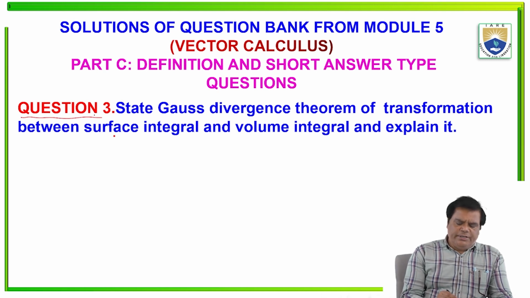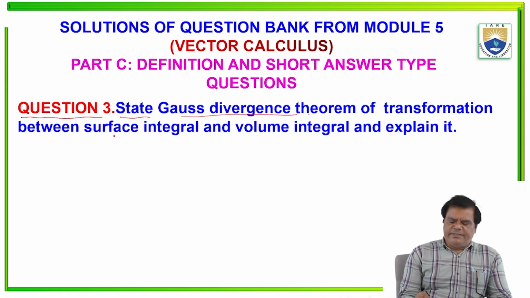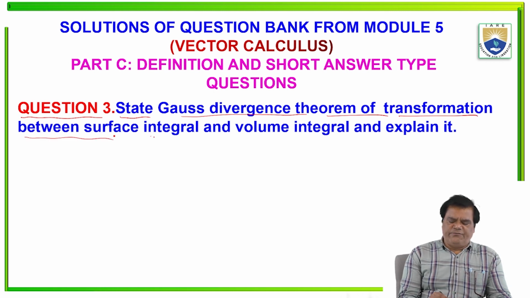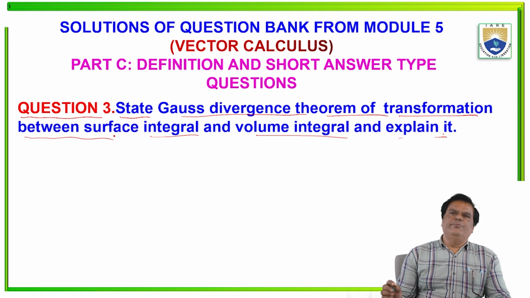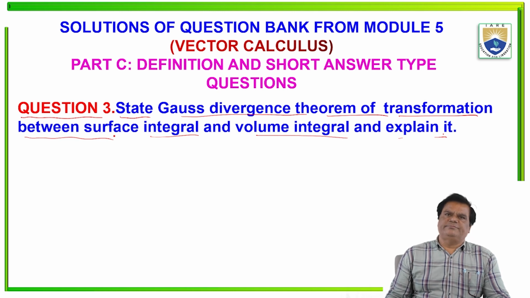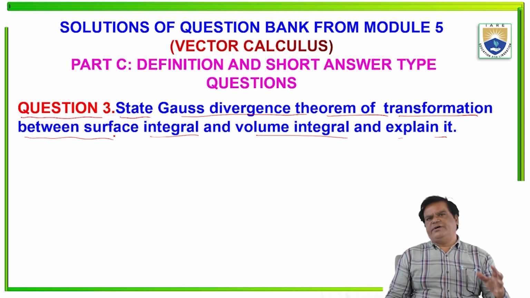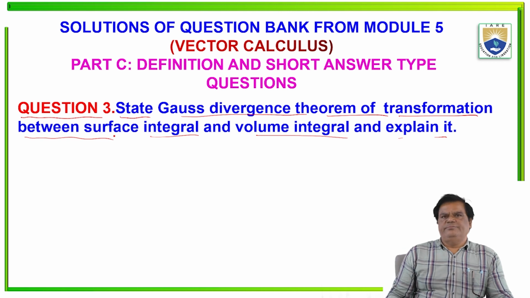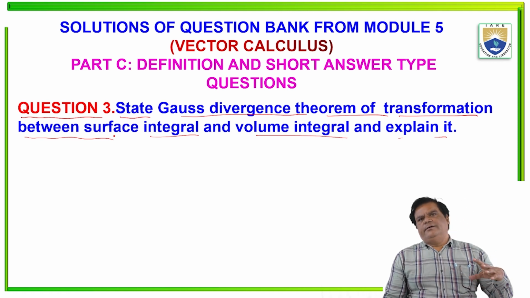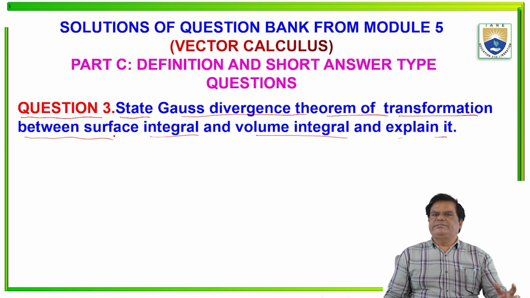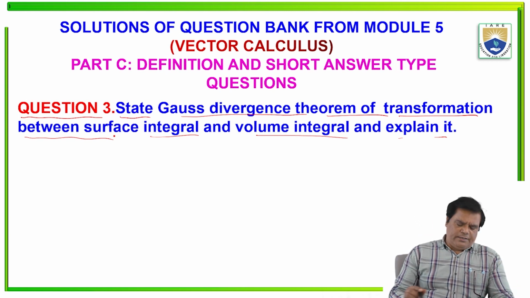Next, question 3. State Gauss divergence theorem, the transformation between surface integral and volume integral, and explain it. So this is the first theorem, Gauss divergence theorem, and this is the relation between surface integral and volume integral. So solution here.